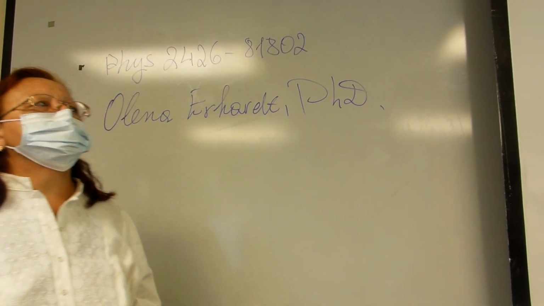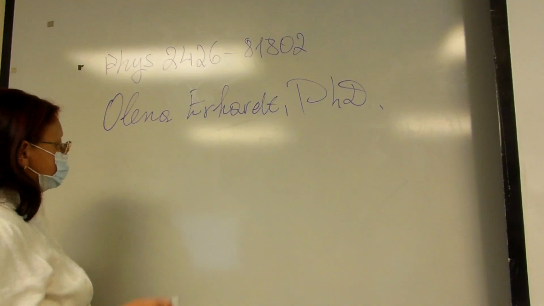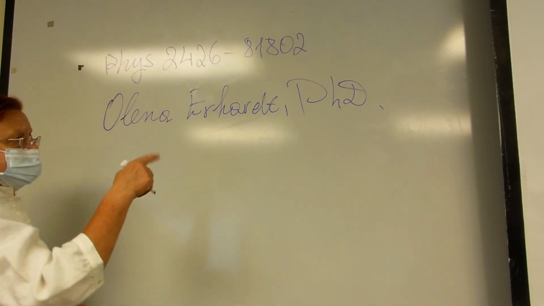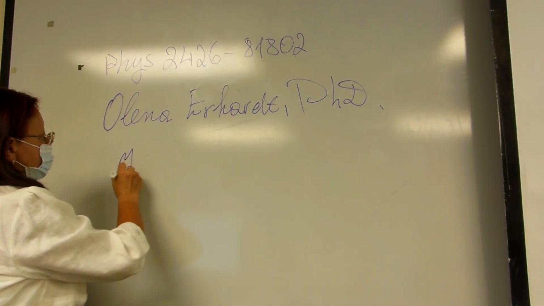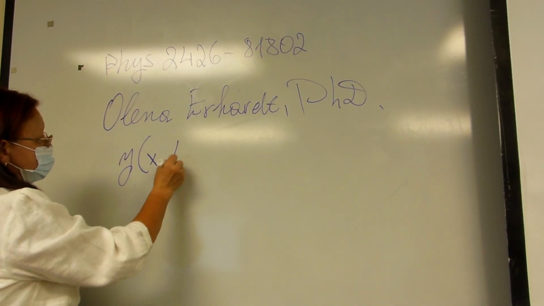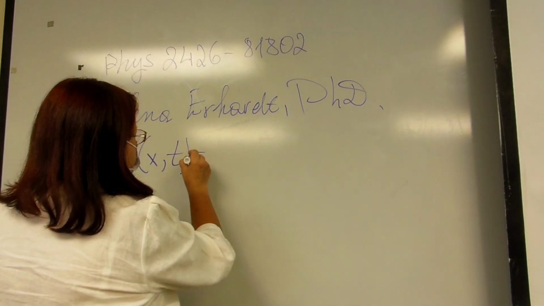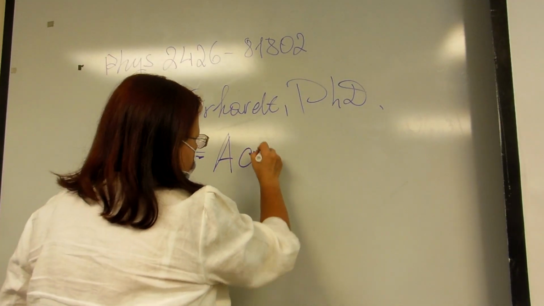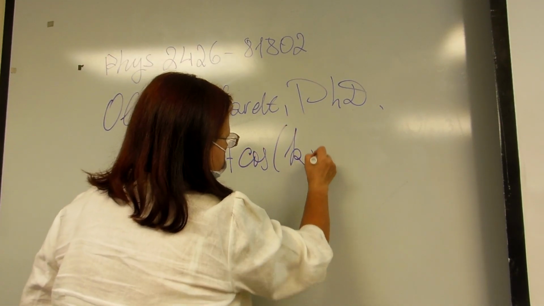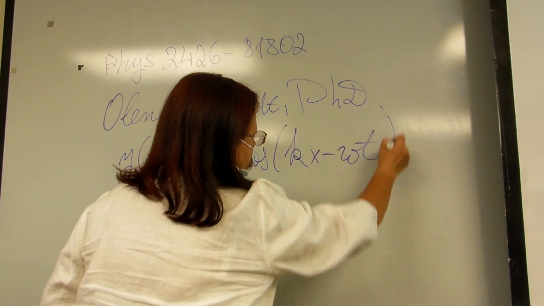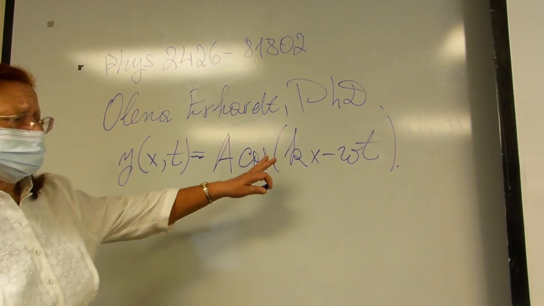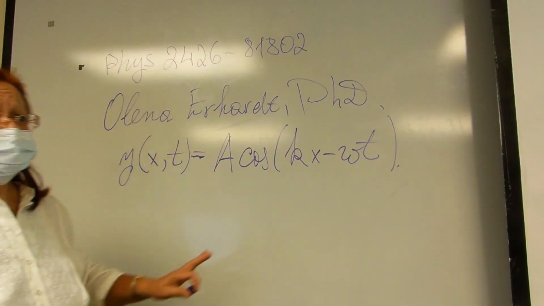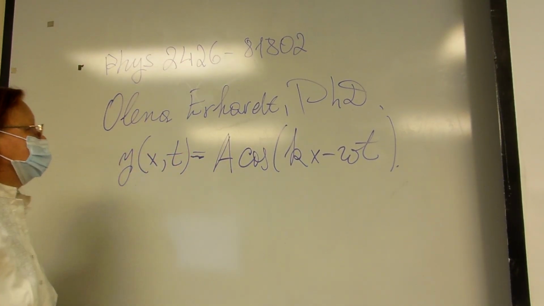For example, for mechanical waves, we'll derive in a few moments the wave function y of x, t, which is the amplitude of the wave, cosine of kx minus omega t. We'll discuss all those notations a little bit later, just for right now in general.